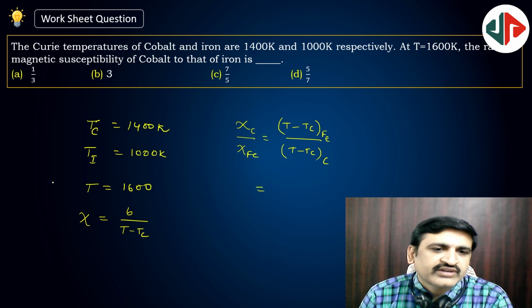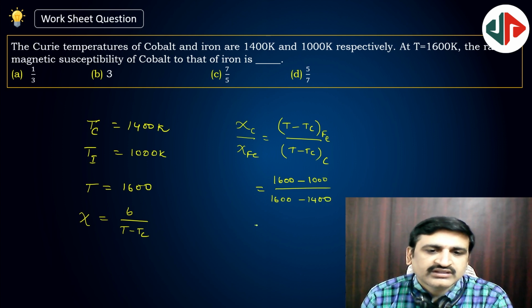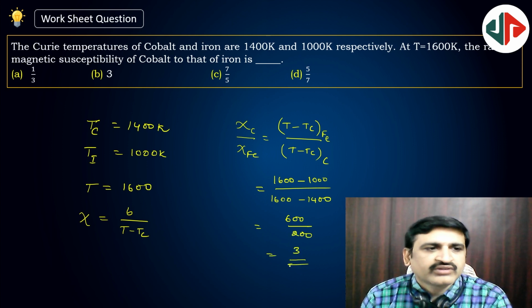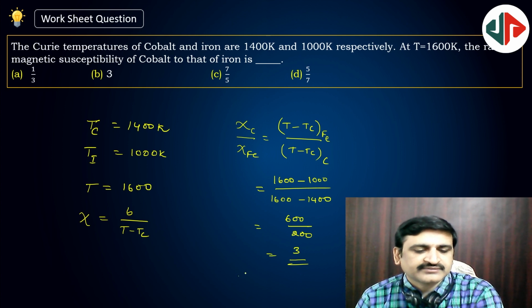That is equal to 1600 minus 1000 by 1600 minus 1400. This is 600, this is 200. So it will be 3, right? Okay, B option, yes.